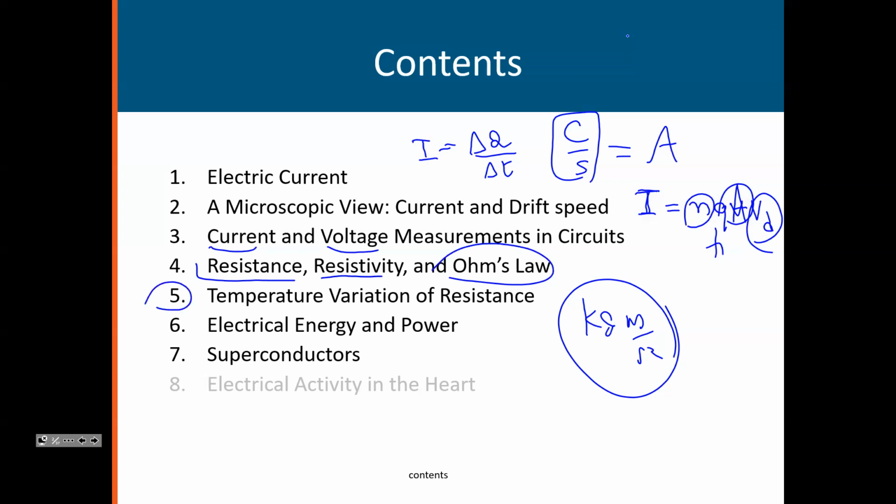We covered the temperature variation of resistance, with a formula for how the resistance varies with temperature. For typical metals, the resistance actually increases with temperature. Let's go to where we stopped.